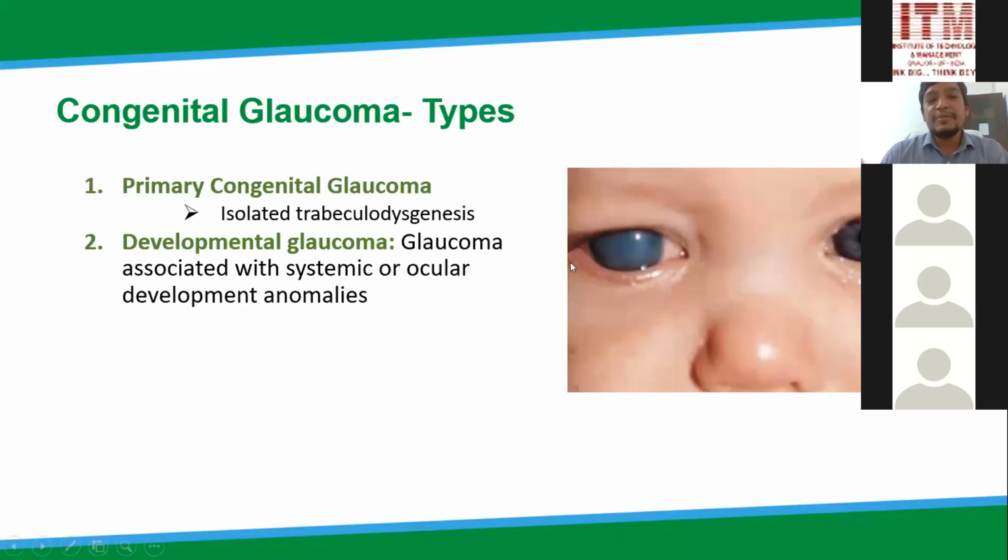In developmental glaucoma, there is an increase in the child's intraocular pressure, but that increased pressure is associated with some other ocular abnormalities, systemic abnormalities, or some problem in the body, and because of that, the eye pressure is increasing. That's why it is called developmental glaucoma.